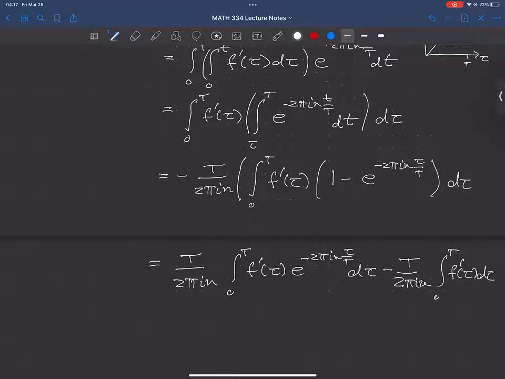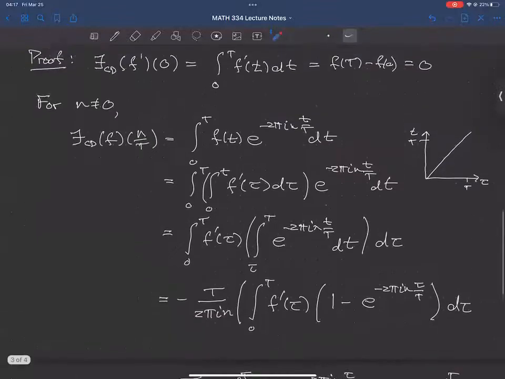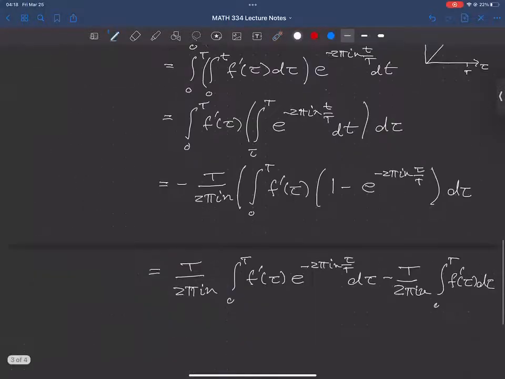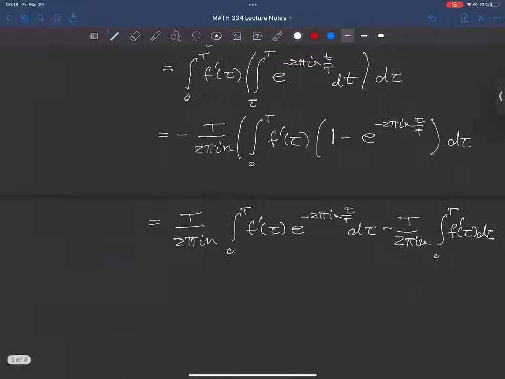Okay. Now, this integral we already calculated up here, right? When we calculated the CDFT of f prime at 0, and we decided that that was 0 because of the continuity of f. So this one is 0, and so we get exactly what we want, because this is now the CDFT of f prime.